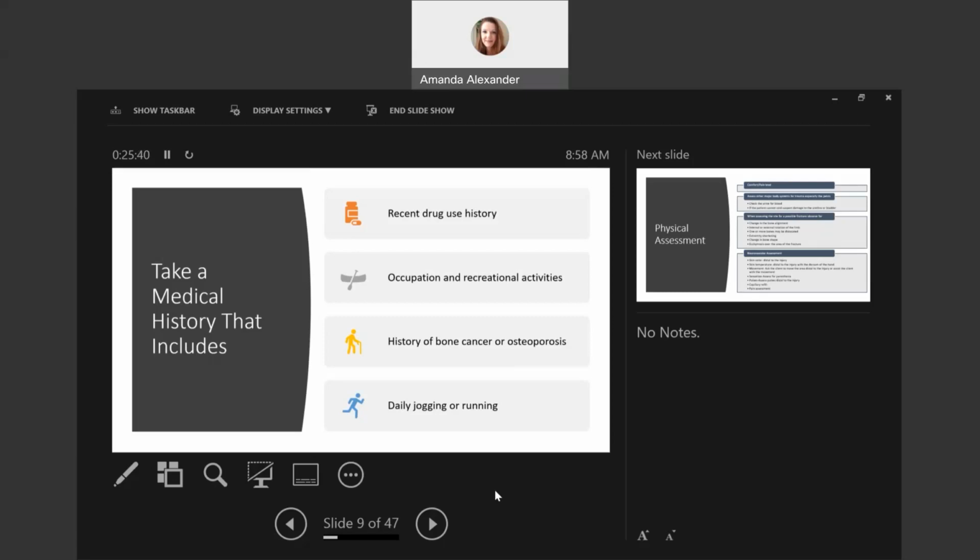Other things that can affect wound healing are anticoagulants or blood thinners. Corticosteroids also can affect wound healing, but we want to understand the different types of drugs and what is going to slow bone healing. Really, it's the NSAIDs that most physicians are concerned about.